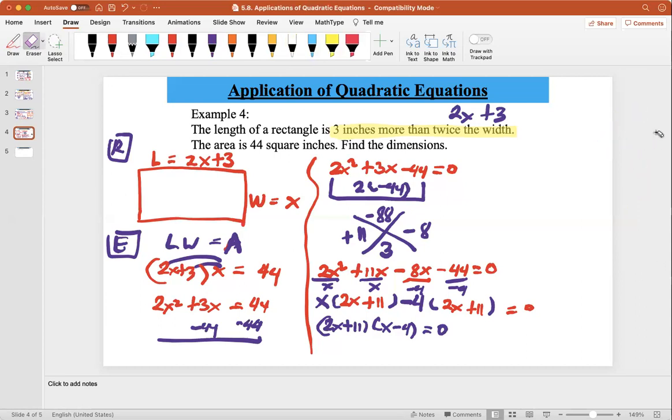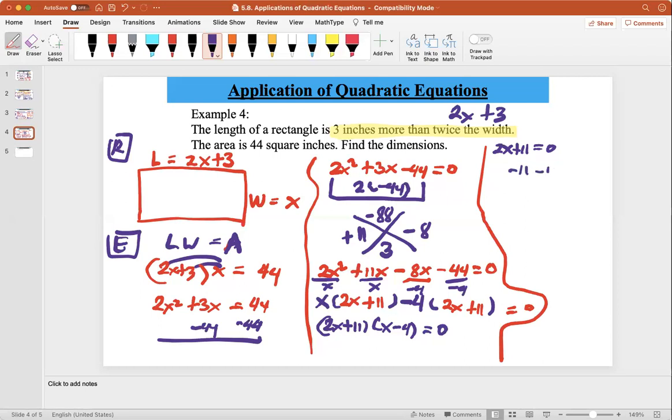Let's set each factor to 0. That means we have 2x plus 11 equals 0. Let's solve for that first.